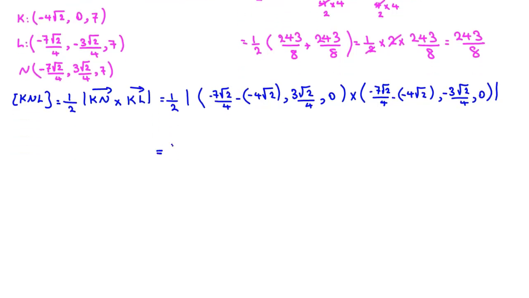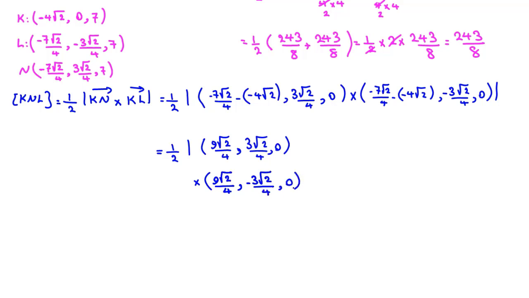And now let's simplify. It will be 1/2 times 4, 16 minus 7 is 9, 9 root 2 over 4, 3 root 2 over 4, and 0. Cross product, 4, 16 minus 7, 9 root 2 over 4, negative 3 root 2 over 4, 0.